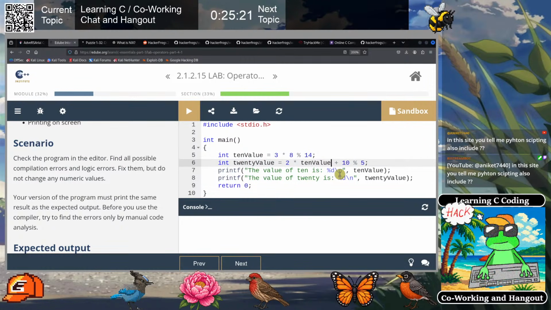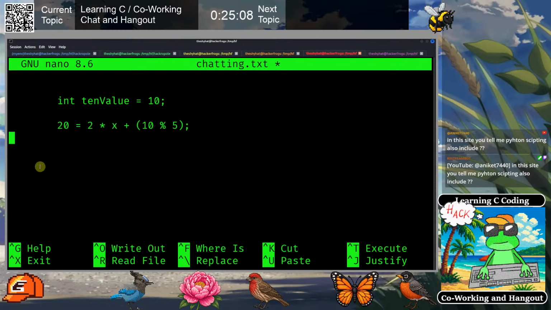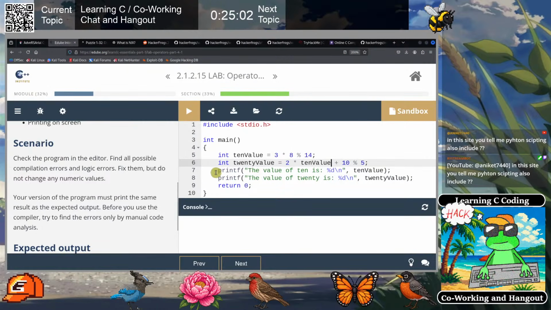Okay, you tell me Python scripting also includes Python scripting. I mean, we're not really Python scripting right now. This is C code. I mean, I use Python every once in a while to do some calculations. But this is C.